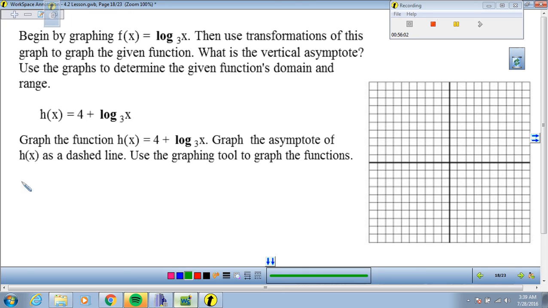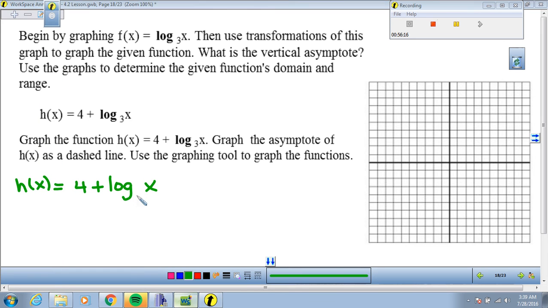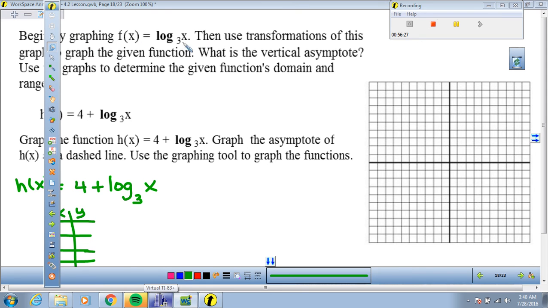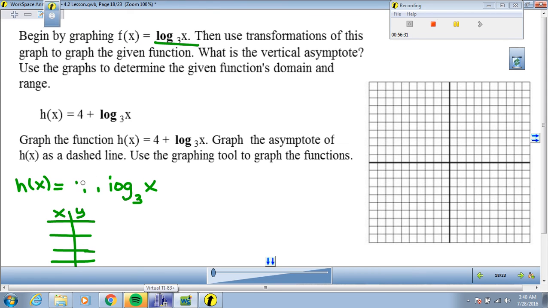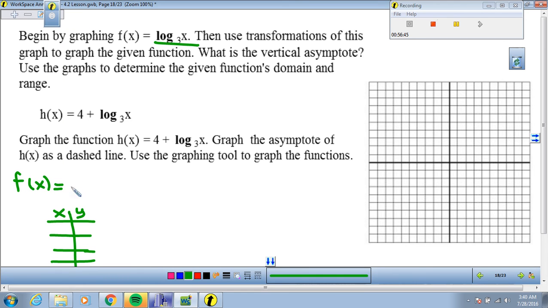So we have h of x is the original, which was this one. And I was already going to do the other, which, I know you can do, but if this is asking you to do the original and use the transformations, let's just learn how to use the transformations.